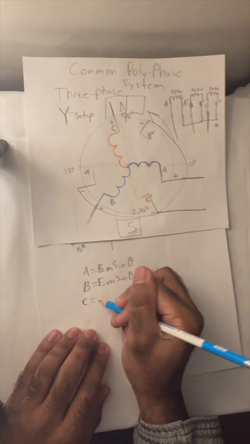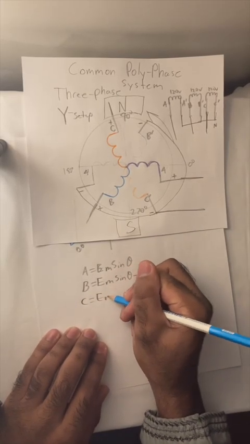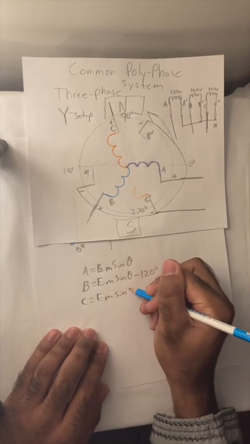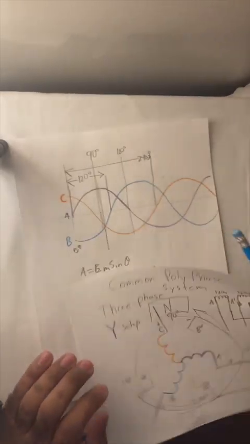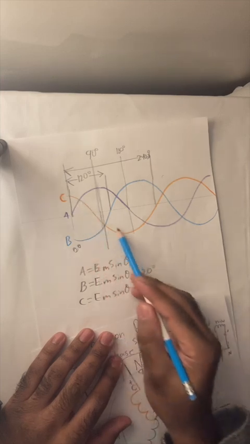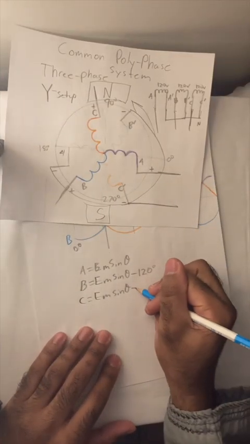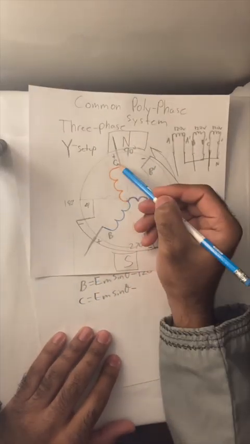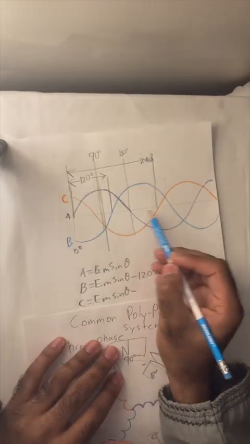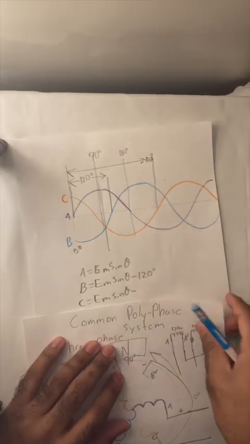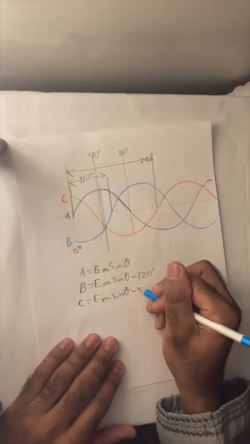And C, same equation, representing this value here, Em sine theta minus 240 degrees, because we see that C lags A by 240 degrees.